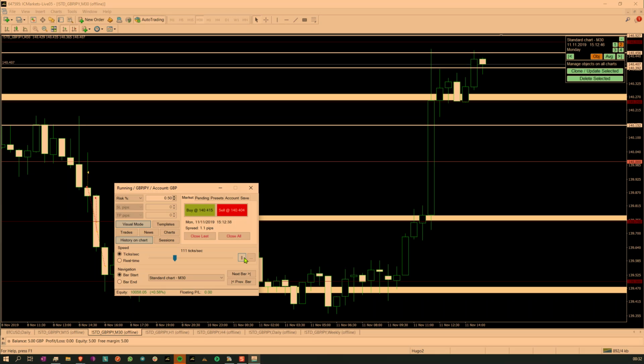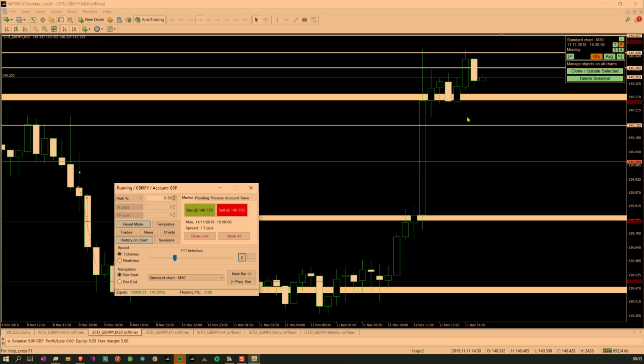Let's go down. Although this is a support here, I'm not taking it because we have problems just like 10 pips below. So I'm waiting for this one to break, which is this resistance in here.